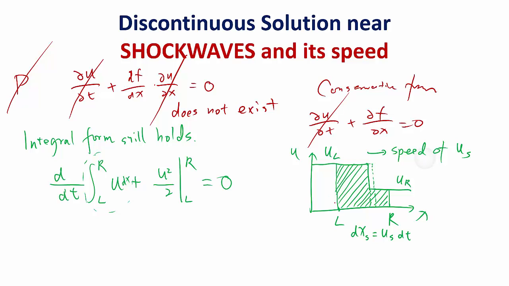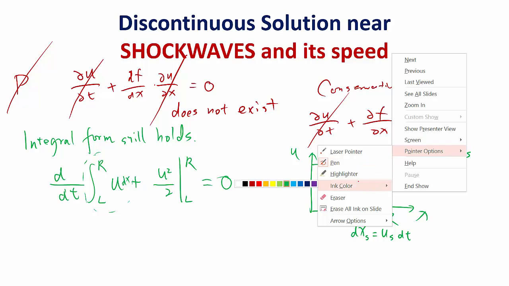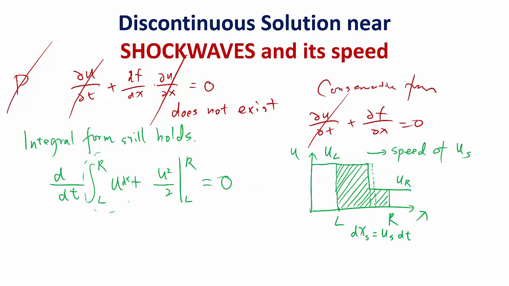After the shockwave moved, this is the integral. Can you see that? Maybe not very much. Let me color this a little bit more. So what is the delta? What is the change?